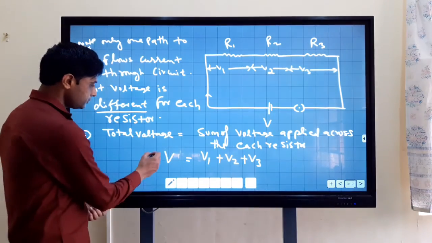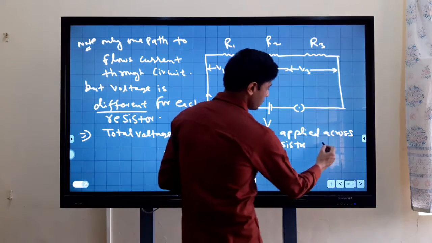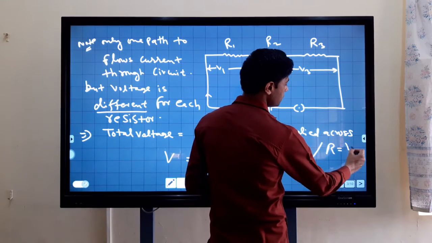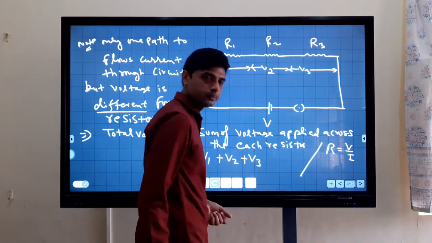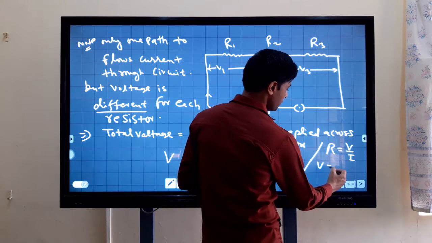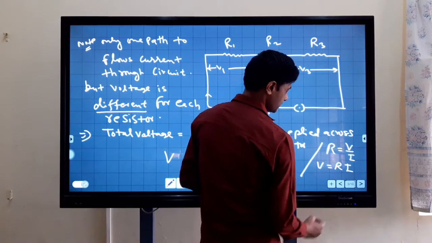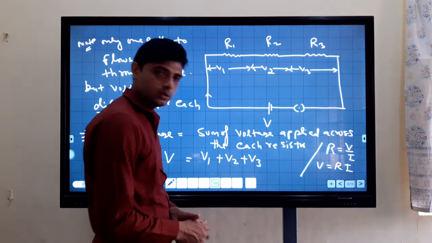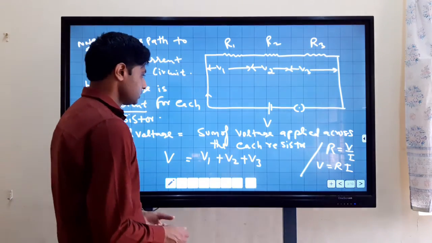As you know, according to Ohm's law, R equal to V upon I. So the value of V equal to RI.